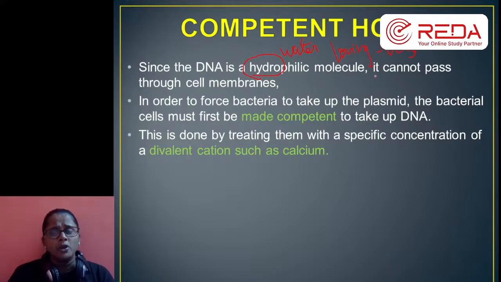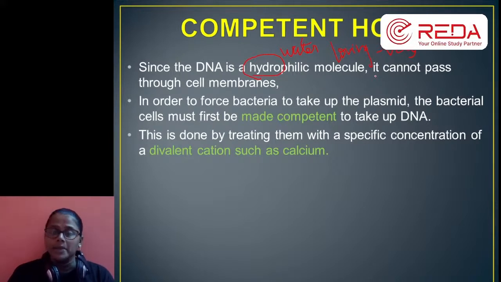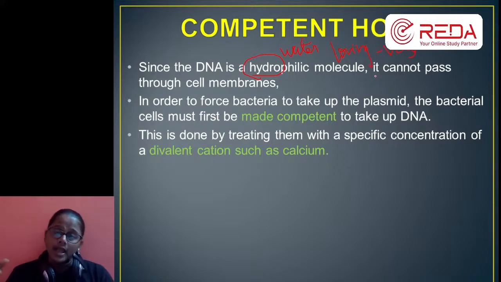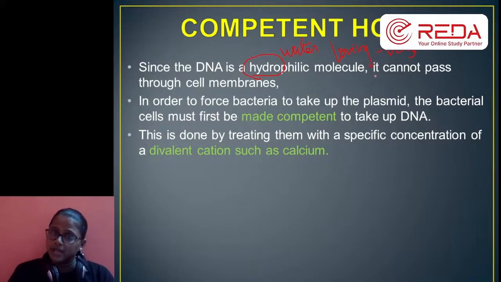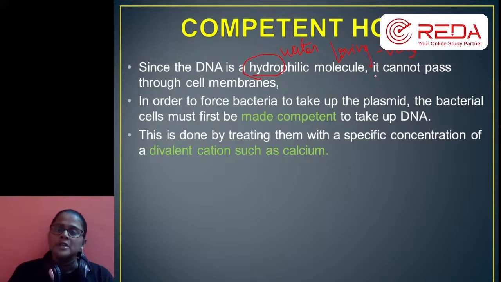In such a case, you have to force the bacteria to take it up from the environment, just like an amoeba engulfing by phagocytosis. Like that, you have to make the host competent to engulf the DNA from the environment. So what are you going to do?